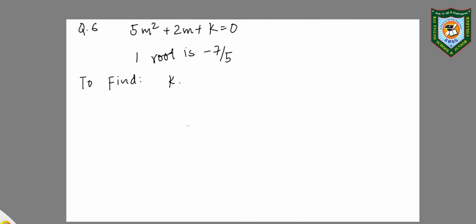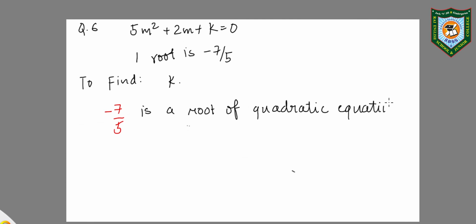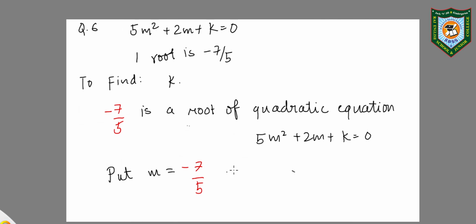From the first sentence, solution, minus 7 by 5 is a root of quadratic equation 5m square plus 2m plus k is equals to 0. Now, we have to put m is equals to minus 7 by 5 in the equation.